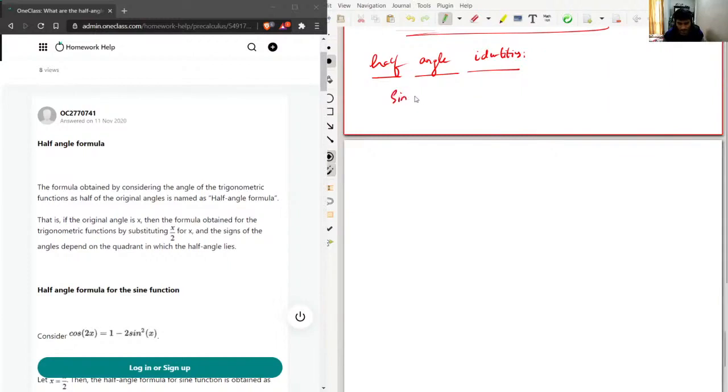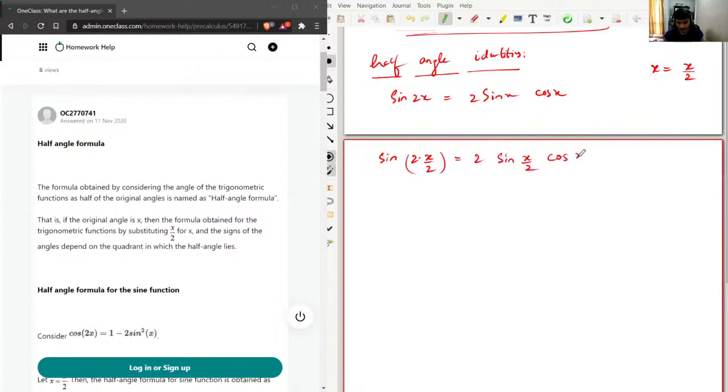I already told you the formula for sine 2x, which is 2 sine x cosine x. What we'll be doing is putting x equal to x over 2. So this will become sine of 2 times x over 2, equal to 2 sine x over 2 cosine x over 2.